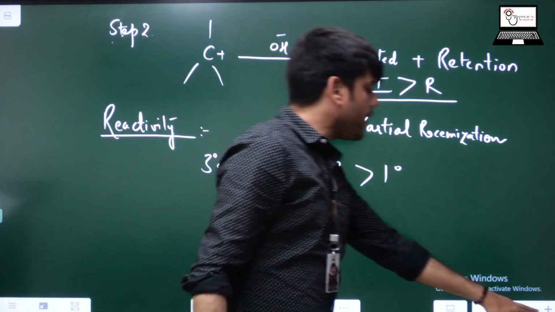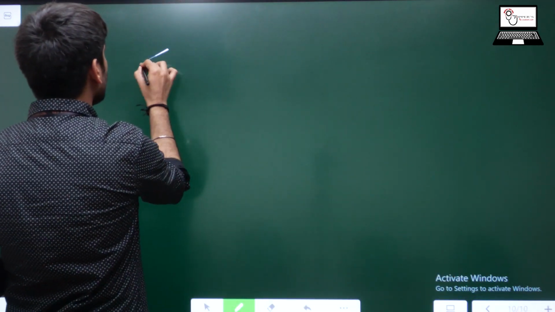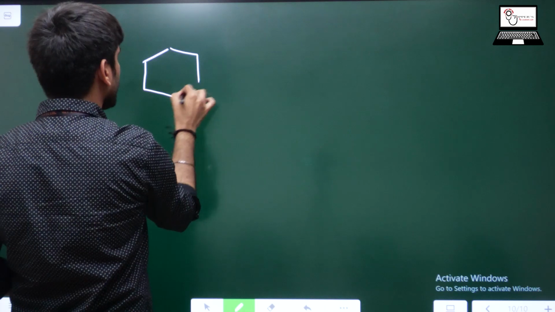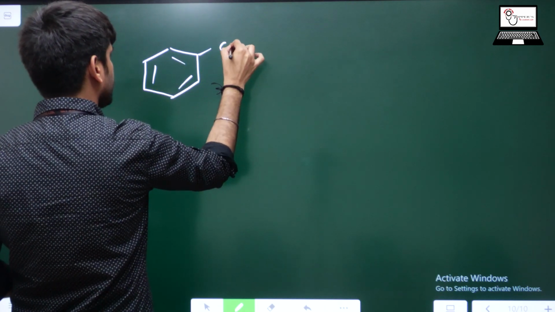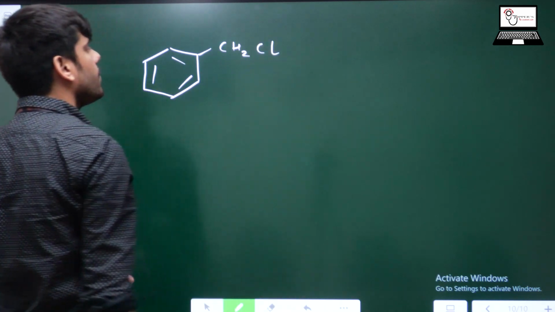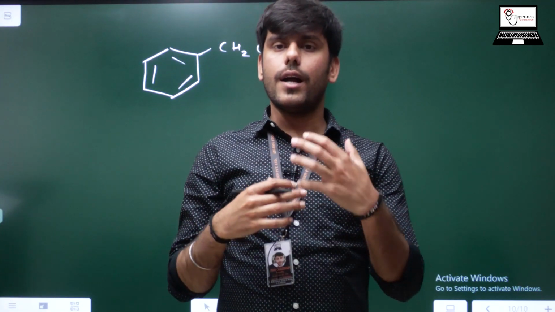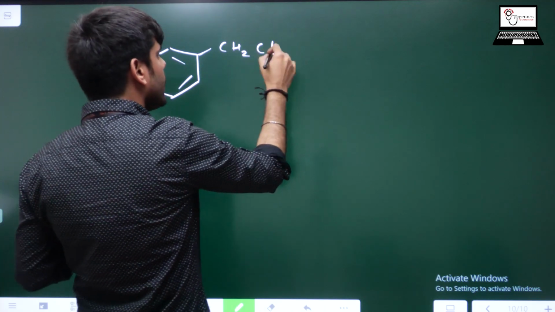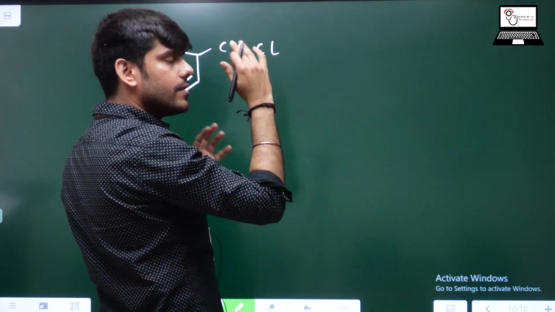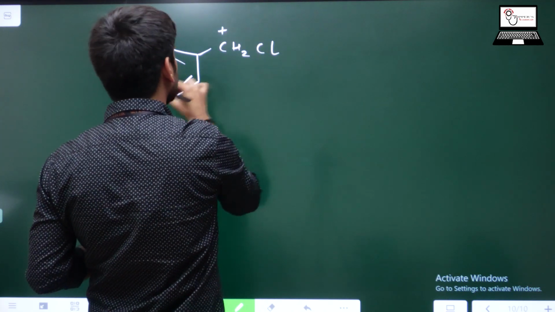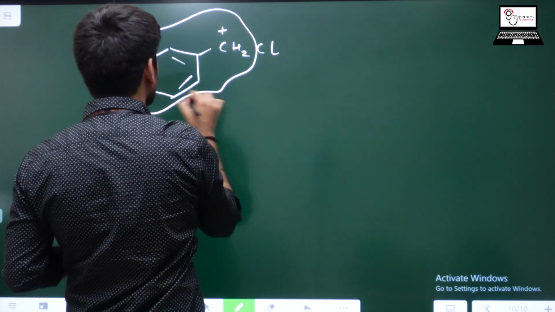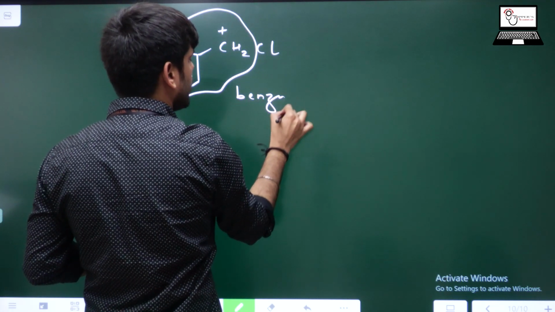And also, if I ask you what type of mechanism this benzyl chloride undergoes: after the removal of this chlorine, once this chlorine leaves, I end up getting this carbocation, which is a stable benzyl carbocation.